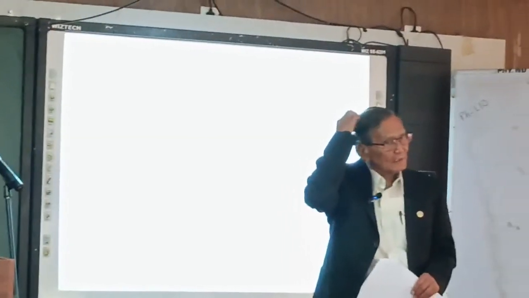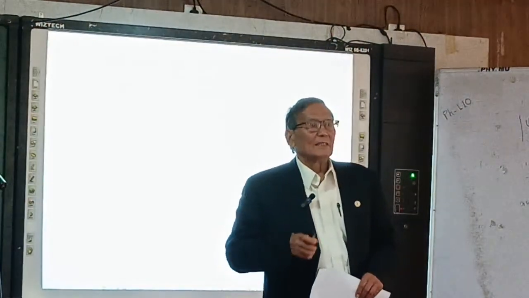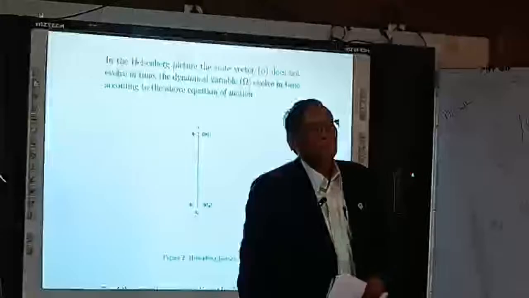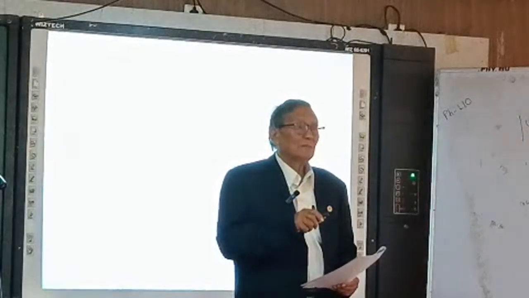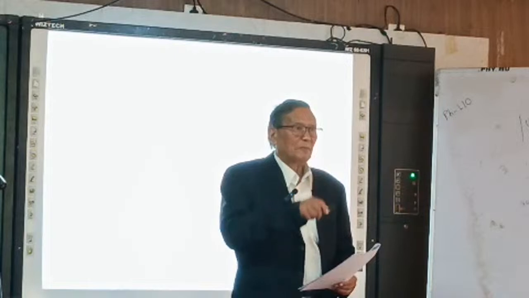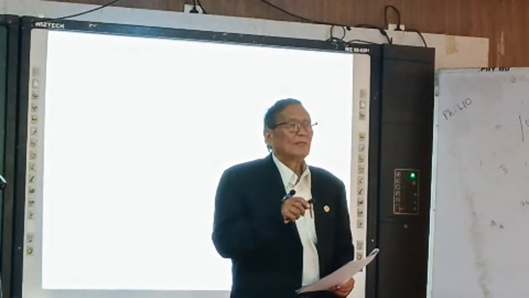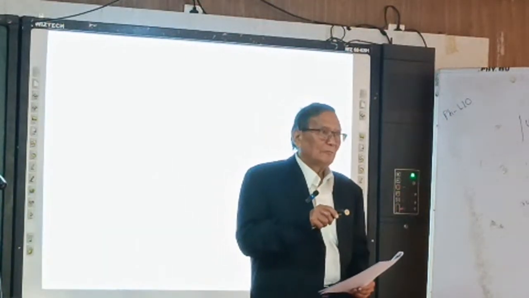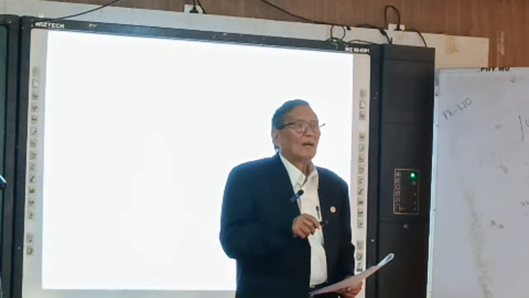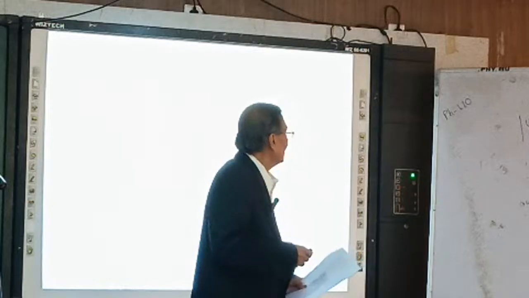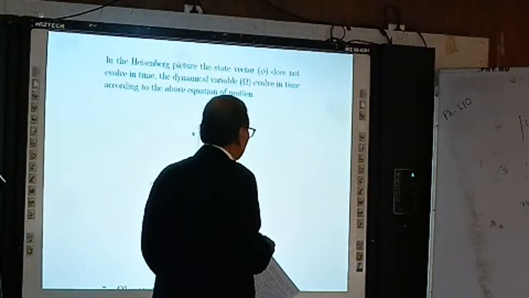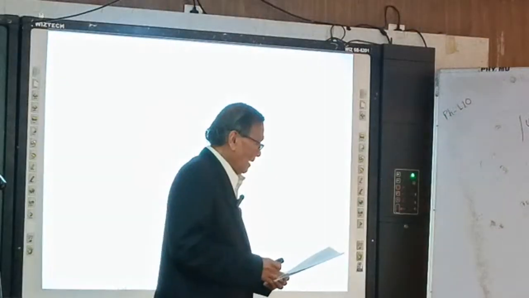One is the Schrodinger picture, in which the state vector representing the state of a physical system evolves in time. The other is the Heisenberg picture, in which the state vector remains stationary, whereas the dynamical variables evolve in time according to an equation known as the Heisenberg equation of motion.